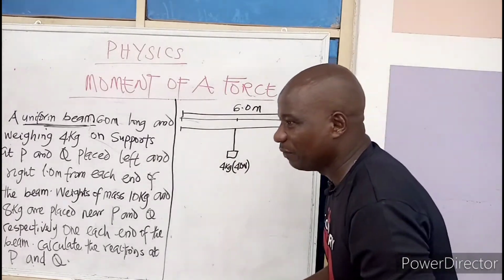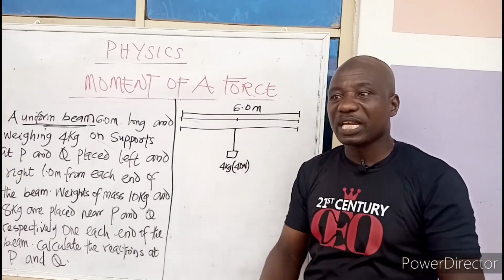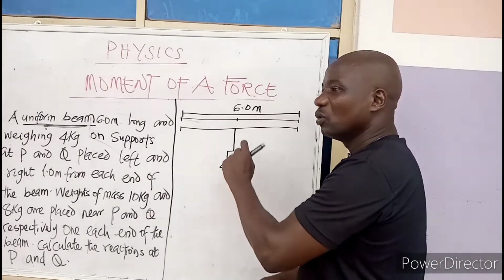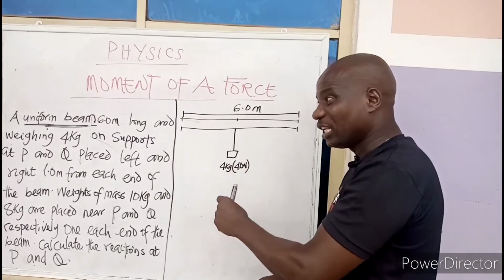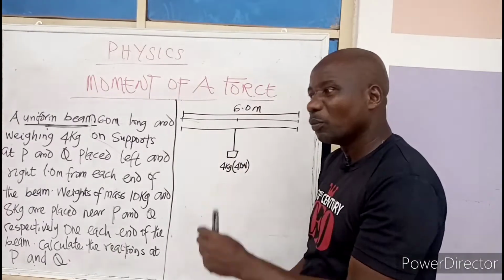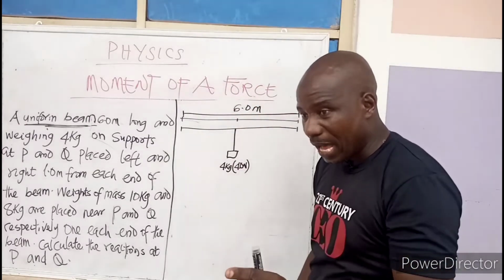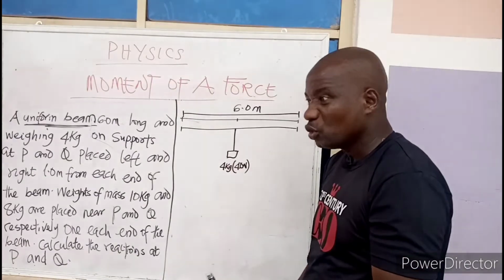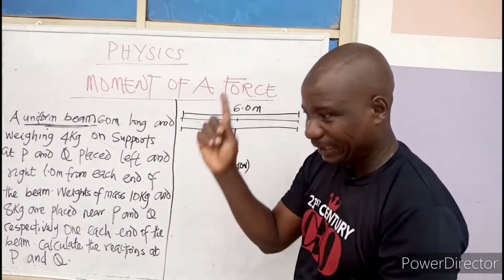Remember, in our definition of our moment, we never said mass times distance. We said force times distance. So I have to convert this one to force by multiplying it by 10. Anytime they give you mass in kilogram, you multiply by 10. But if you are given mass in a lower unit, that is gram, you have to first of all convert it to kilogram before you multiply it by 10.